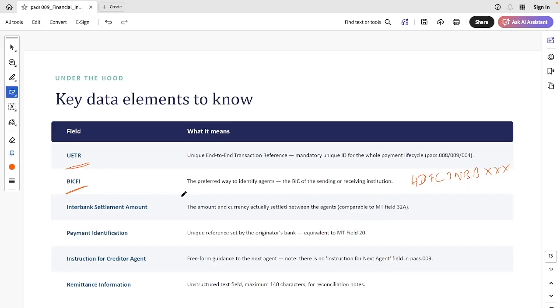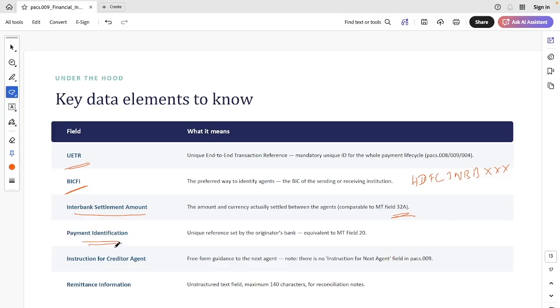The third term is interbank settlement amount. This tells the amount and the currency actually being settled between the financial institutions. In legacy MT messages, this is comparable to field 32A, where amount, currency, and value date are captured.